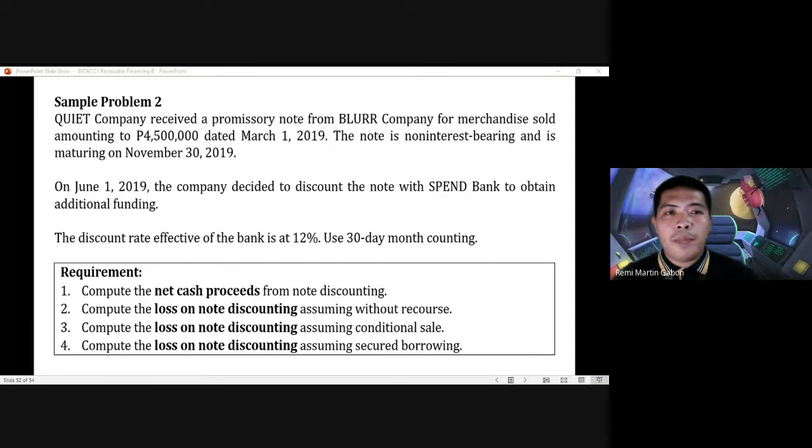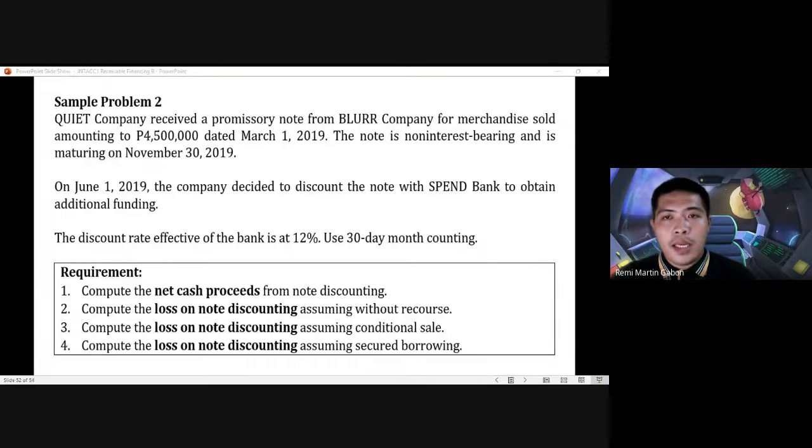So therefore, from March 1 to November 30, ilang months yan? Sige, tulungan ko kayong magbilang. March, April, May, June, July, August, September, October, November. Full month of March, full month of November. So ilang months ba?